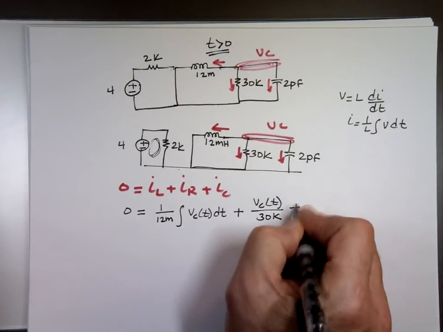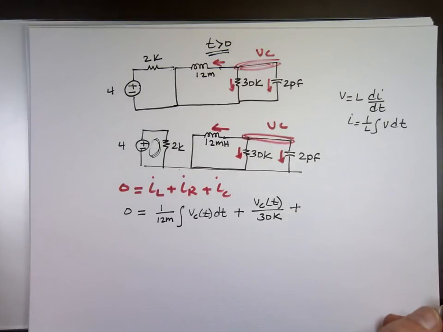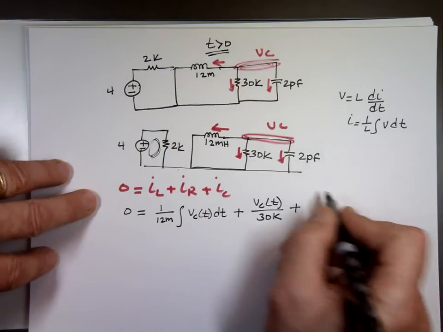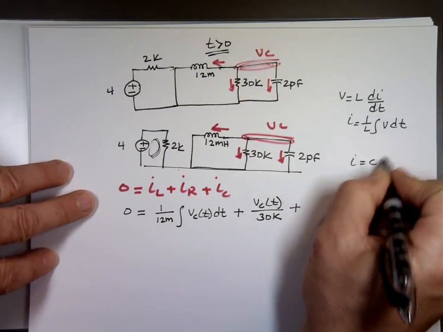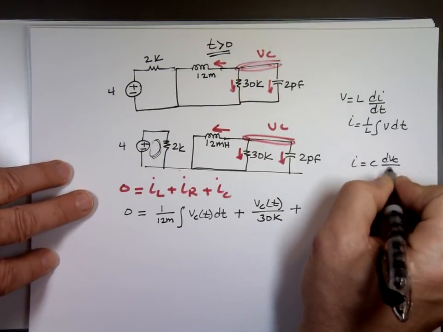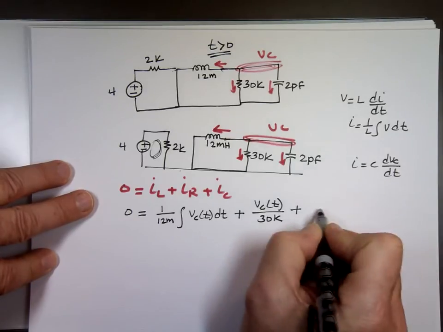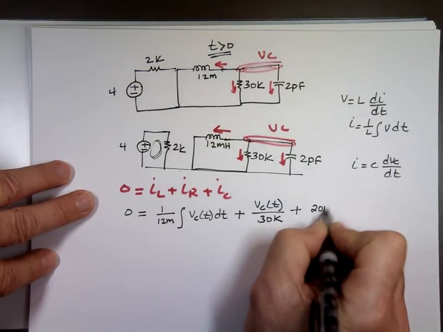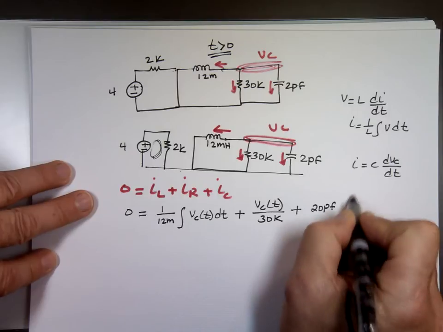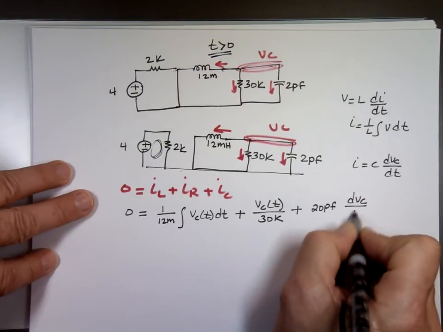Plus the current through a capacitor, I equals C dVC dt, with 2 picofarad times dVC dt.